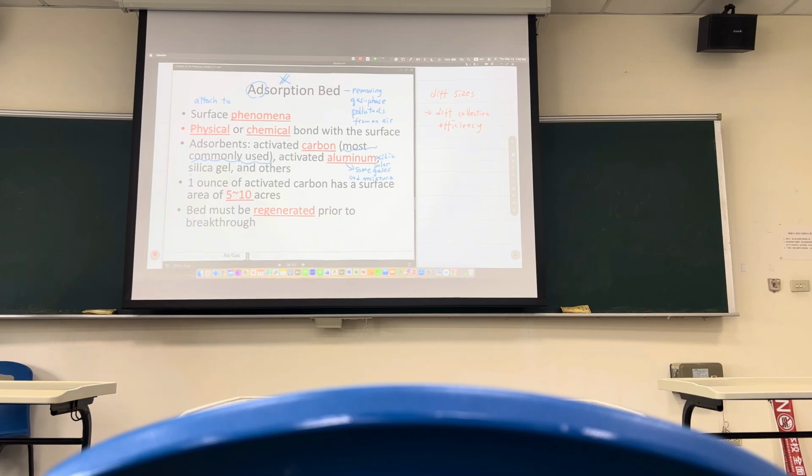Silica gel normally is good for moisture, water as well.